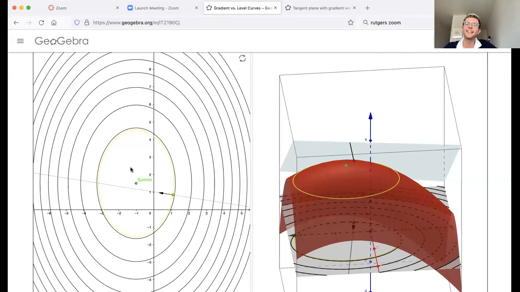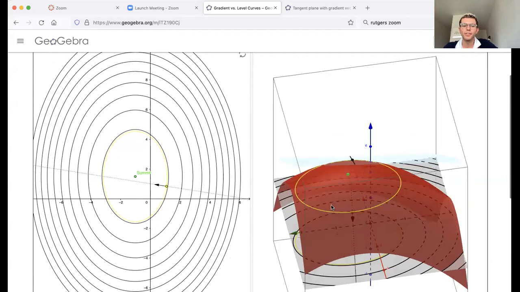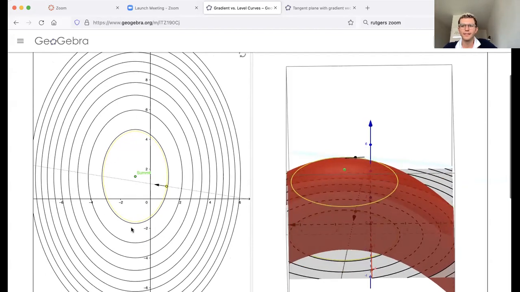So for example, these are the level curves of some function, right? They look like ellipses, not quite circles. And on each of these ellipses the function is constant. It has the same height.